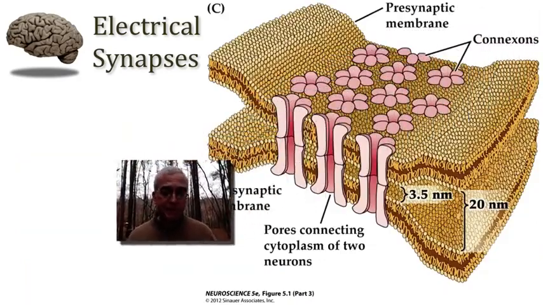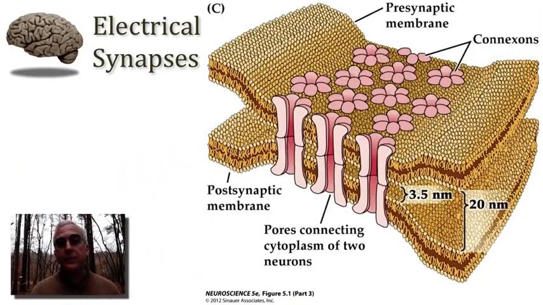So here's a slightly more detailed rendering of what a gap junction might look like. What we see here are the close apposition of two membranes, so much so that it allows for pairs of complementary gap junction proteins to actually line up in registration with one another from across the two cells that are coming together here.